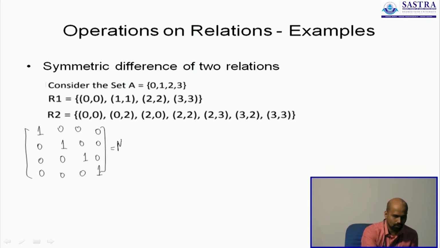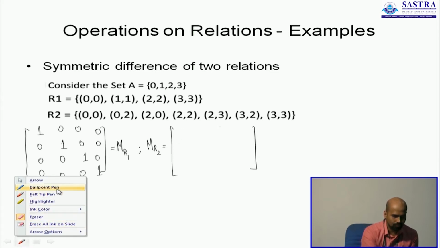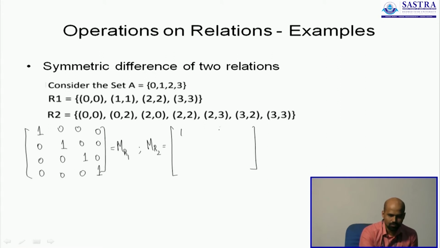That's R1 for you. MR2 will be 0 0, 0 2, 2 0, 2 2, 2 3, 3 2, 3 3. All others are zeros. Don't have anything in the second row.